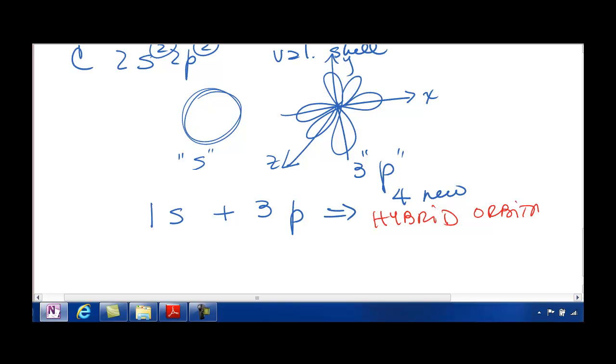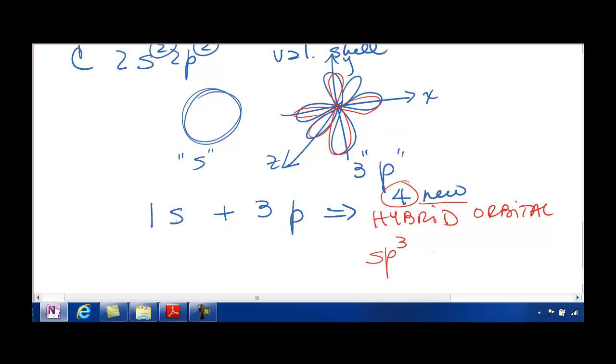There are no longer going to be s's, spherical. They are no longer going to be p's along the x-axis or y-axis or z-axis. They are going to be new orbitals, and they're going to have a new name, and there are going to be 4 of them. And since I took 1 s and 3 p's, the 4 new orbitals are going to be called sp3s.